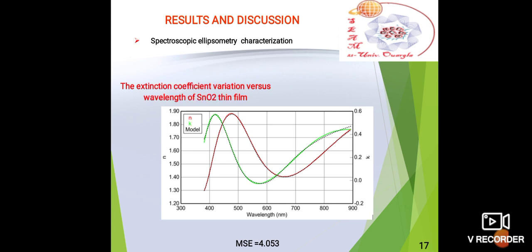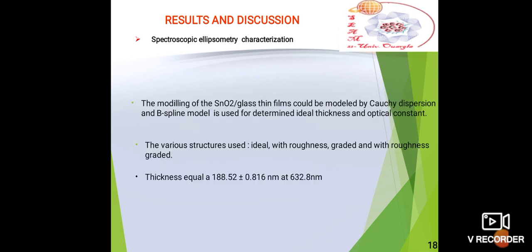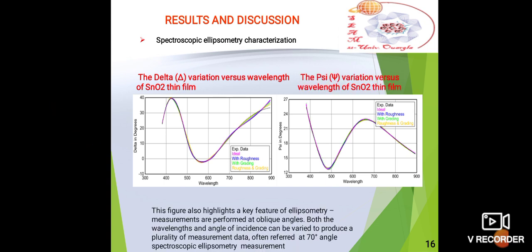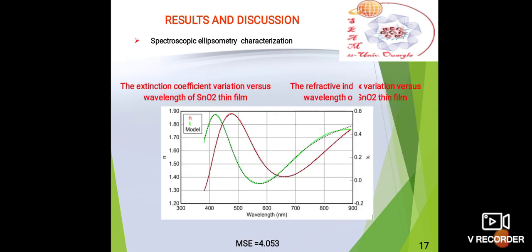The extinction coefficient variation versus wavelength of the tin oxide thin film and the refractive index, the results show the extinction coefficient equal to 0.11 at 632.8 nanometer at 70 degrees, and refractive index equal to 1.84 at 632.8 nanometer at 70 degrees.